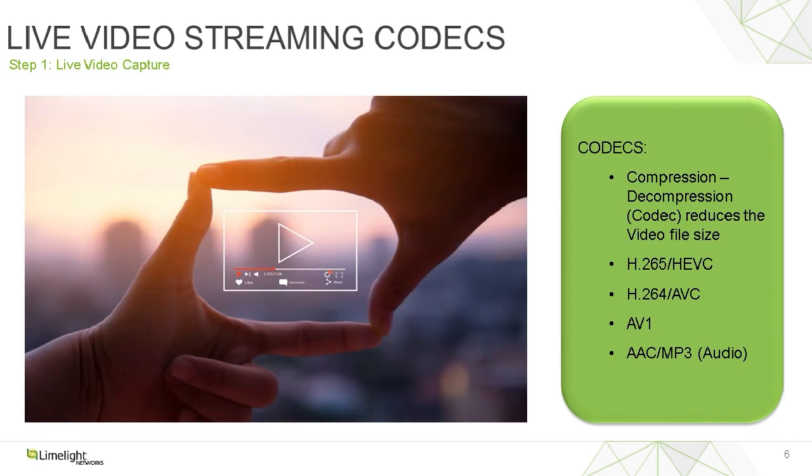Now let's move into step 1, which includes capturing our video. For that video capture, part of what goes on in the background is the compression and decompression of video, which is what codec stands for.